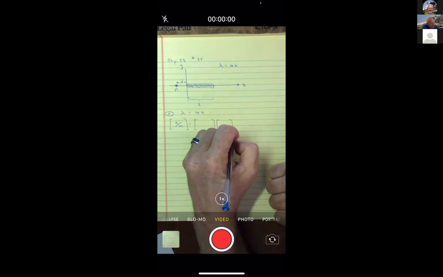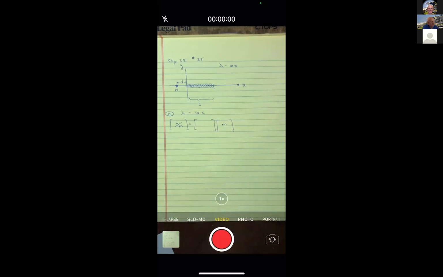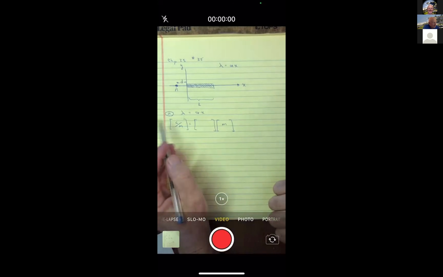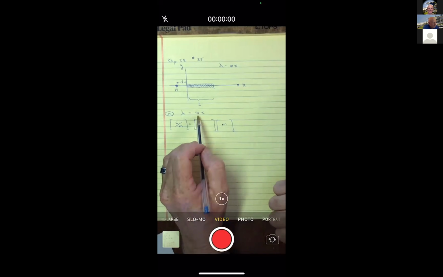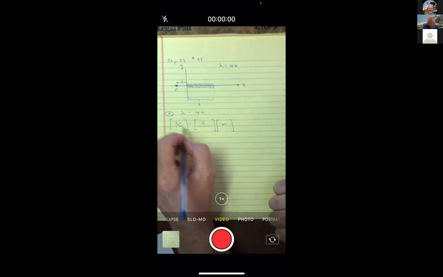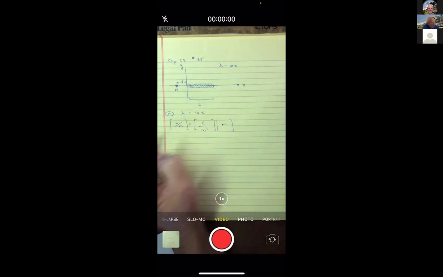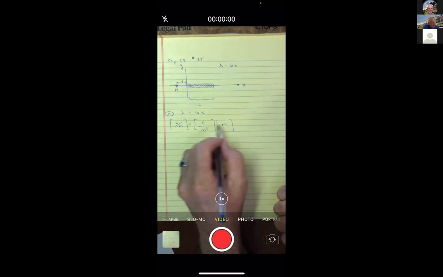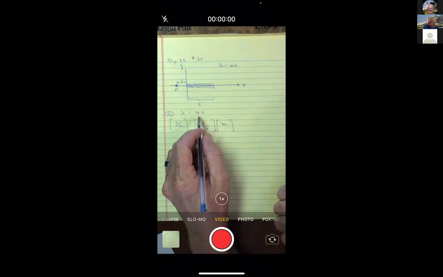And then x, of course, has units of meters. I'm trying to figure out what alpha must be. The numerator must be coulombs, so that you'd be left with coulombs, and downstairs must have meters squared in it, so that the meter over here cancels with one of the two downstairs.